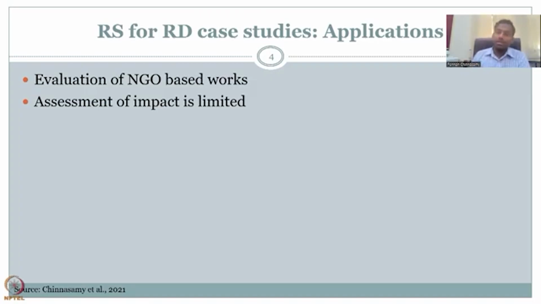But if someone else asks them, what is the quantity, how much water has been improved, what are the metrics, the yield that has been improved, that is very hard to quantify for them because they don't have budgets for putting people on monitoring. They have budgets only to do the work. They don't have budget to do the monitoring and evaluation. So the assessment of impact is limited.